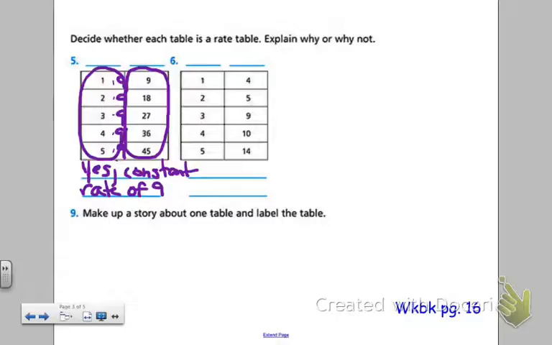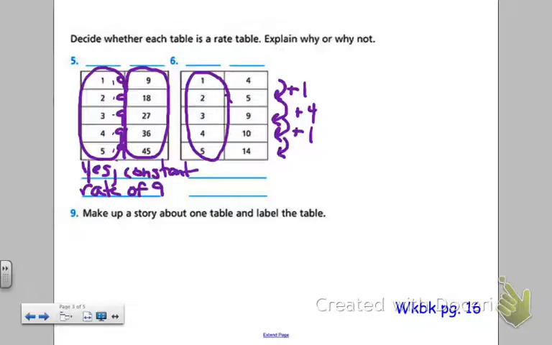Now let's look at number 6. Alright, well this column, the very first column, definitely looks like my ones column from the multiplication table. I'm counting by ones. This column on the right though, I don't know. 4 to 5, that's an increase of 1. But then 5 to 9, well that's an increase of 4. And then 9 to 10, that's an increase of 1.